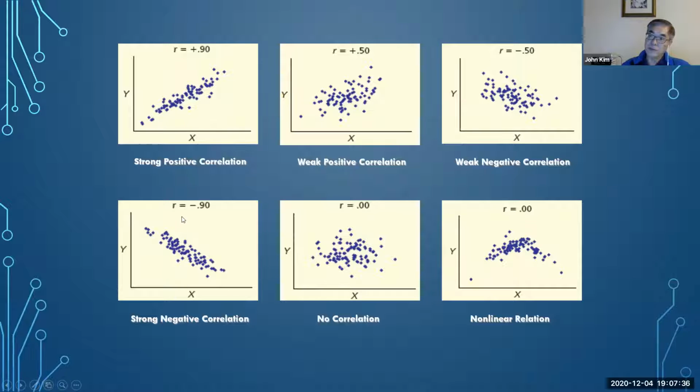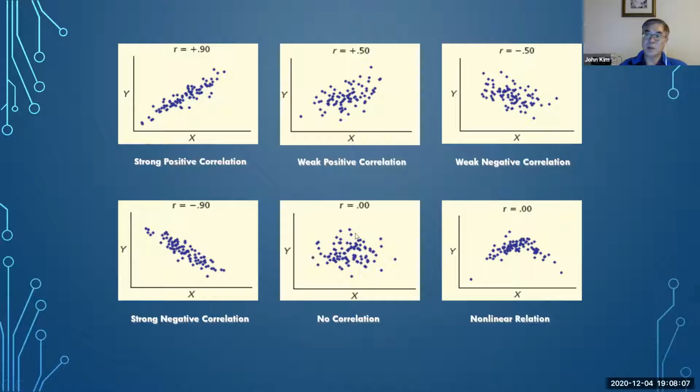And if R is closer to -1, then the direction is negative: X increases, then Y decreases. Usually, when we determine with this R whether there is a relationship or not, the boundary is 0.5.